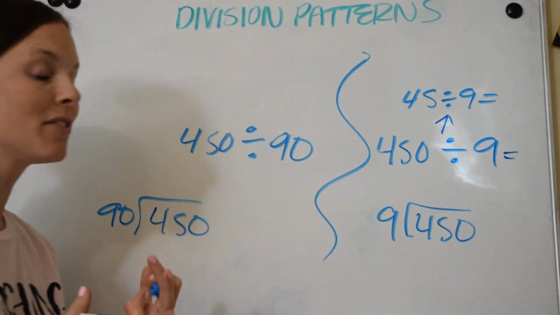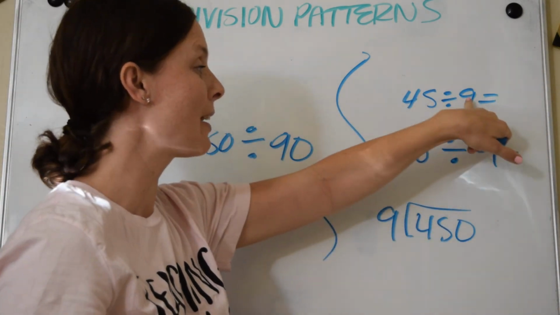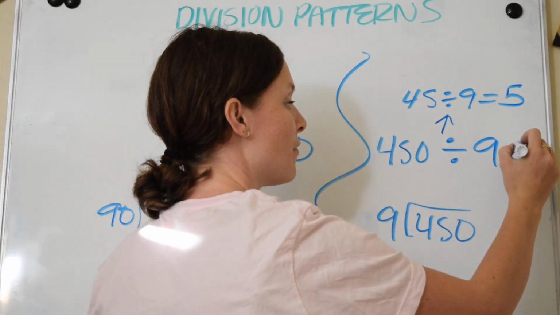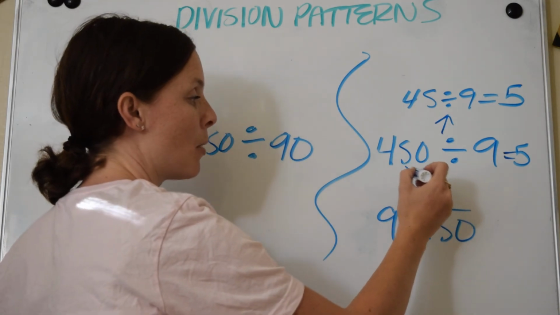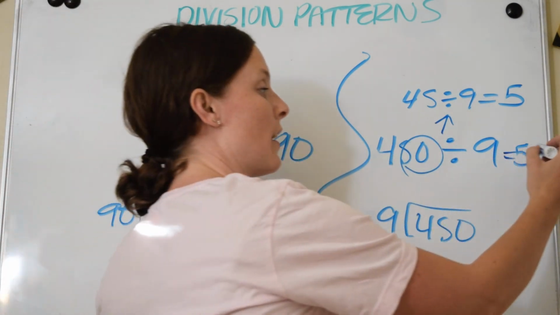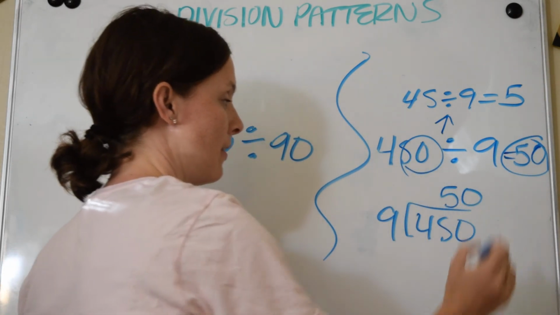So math facts of 9s, you can work backwards and use multiplication. What times 9 gives me 45? It is 5. So we know a 5 will be in our answer, and then how many zeros were in the dividend? There was only 1, so you add it to your answer. So the answer here is 50.